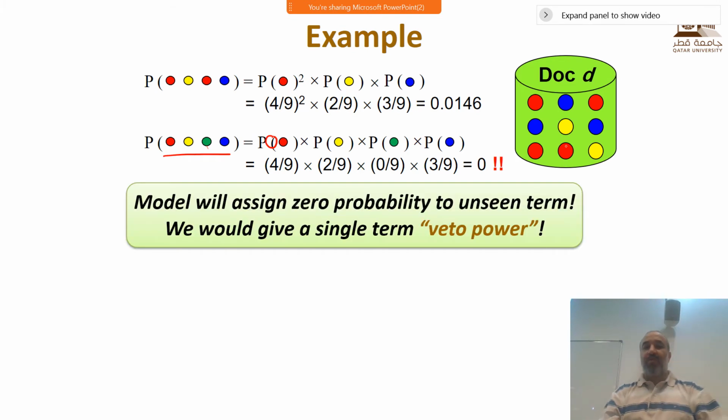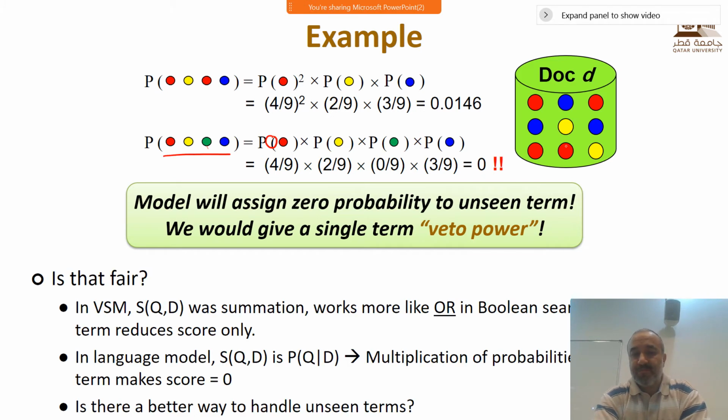So the model will assign 0 probability to unseen terms that didn't appear in the document, and thus a single term would give the whole product a 0. Of course, that's not fair. And if you think about what happens in the vector space model, for example, what is the ranking or retrieval model?